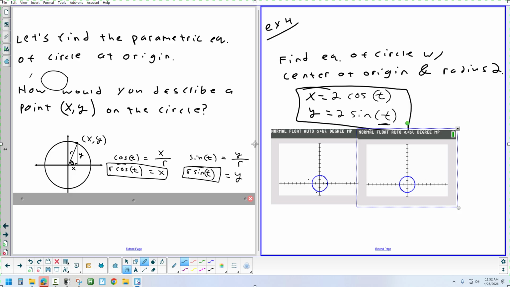Any questions on that one? So that is how you draw a circle. And if you don't keep these two numbers the same, which you always should for a circle, you will start to get an oval. If you make one a 2 and make one a 3, it would become an oval.